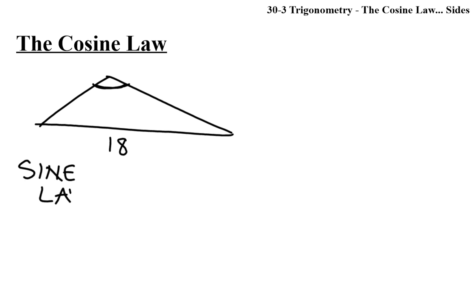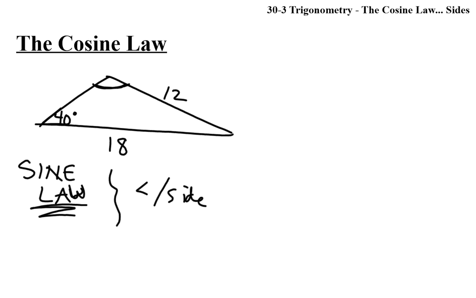I hope you can answer this for me, because what you need is an angle side pairing. So you would have to know that this angle was, let's say, about 40 degrees, and that this side was 12. If I want to use the sine law, I have to have an angle and the side opposite.